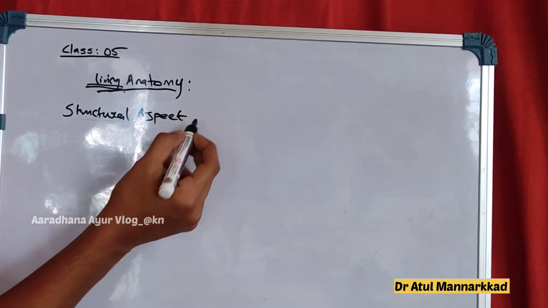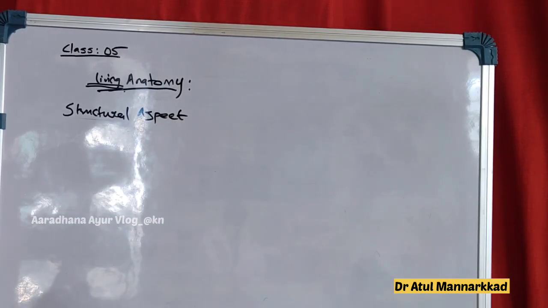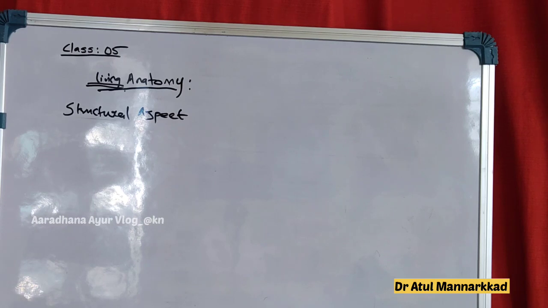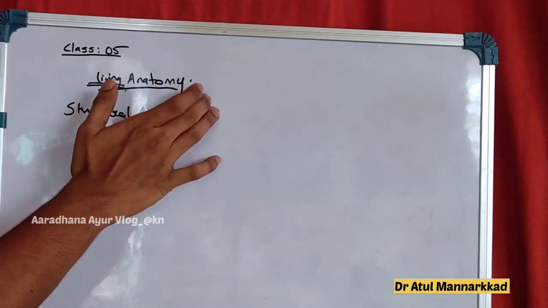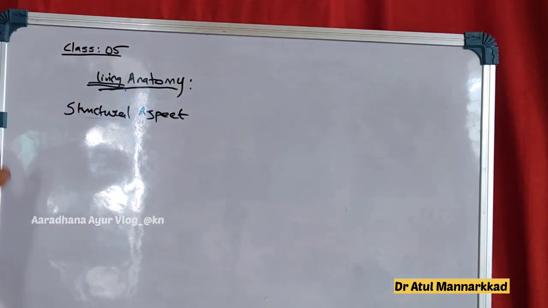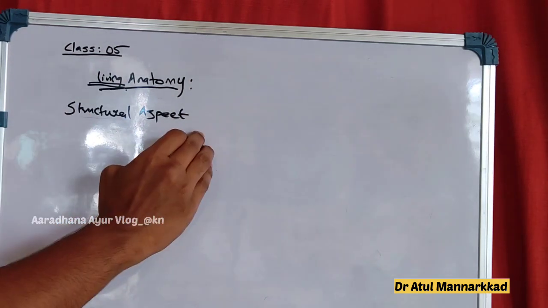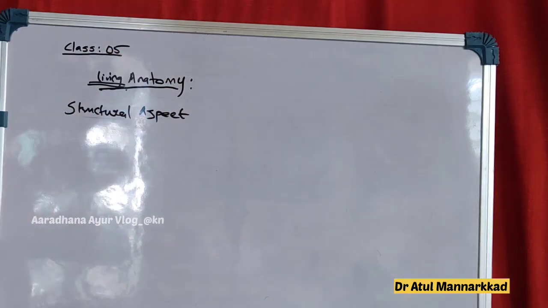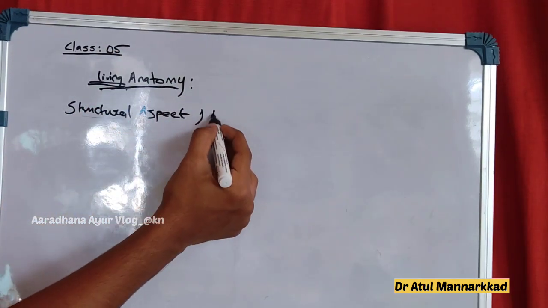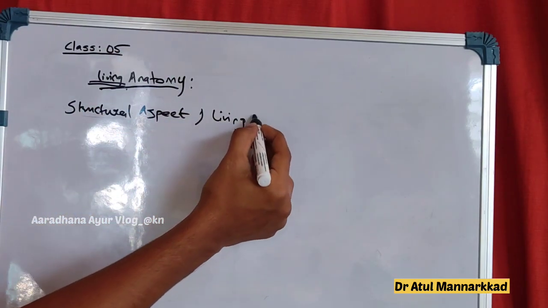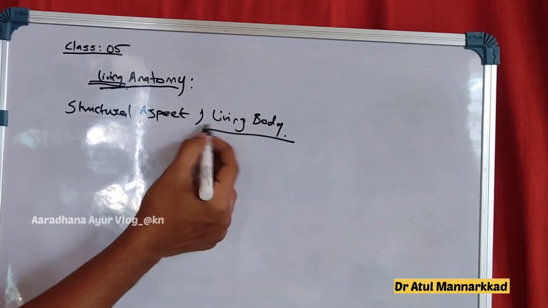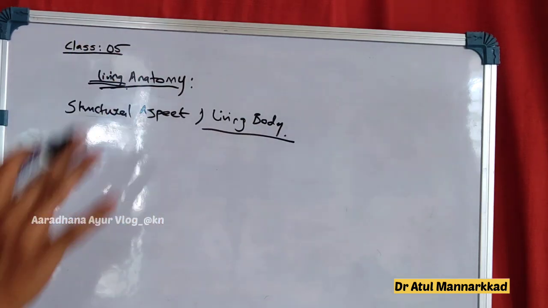When we study the structural aspect of the living body, it is called living anatomy. It is very easy. Anatomy is the study of the structural aspect of the human body. So when we deal with the study of the structural aspect only of the living body, this is living anatomy.